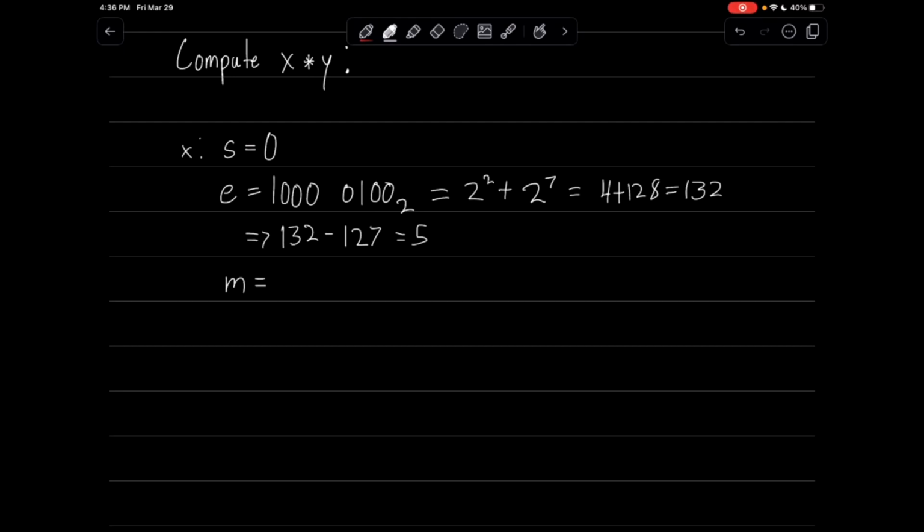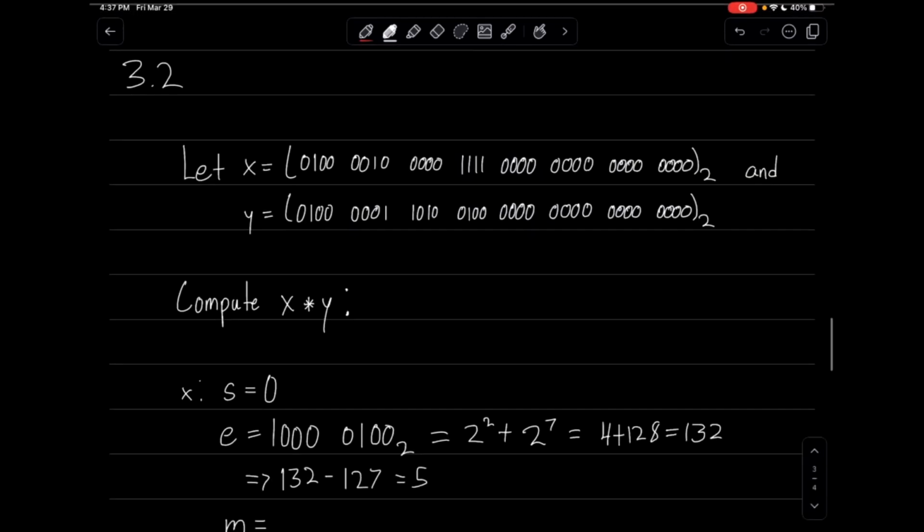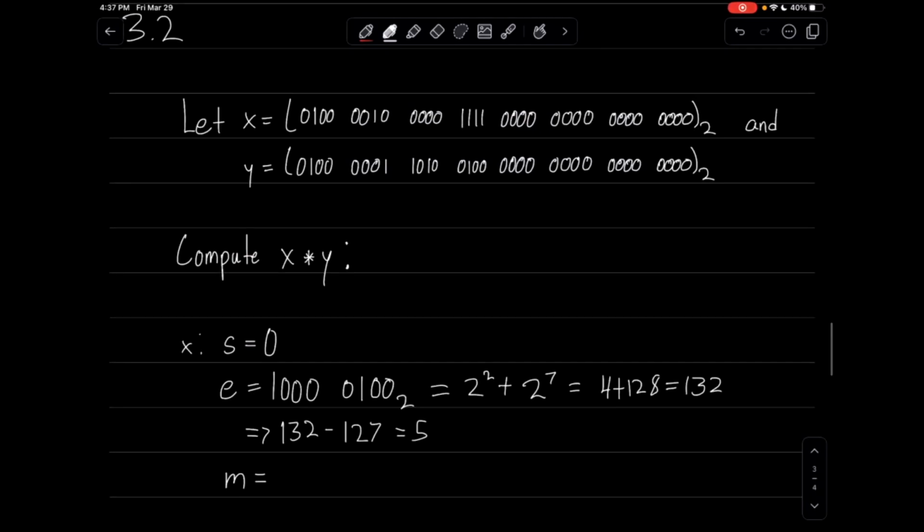Now, how do I find my mantissa? All I have to do is copy down the bits that I didn't already use, right? So the next couple of bits is right here, right? But we have 16 bits that are just set to 0 without a 1 in sight, right? So we don't really have to copy these numbers down because they will be inconsequential to our final result, right?